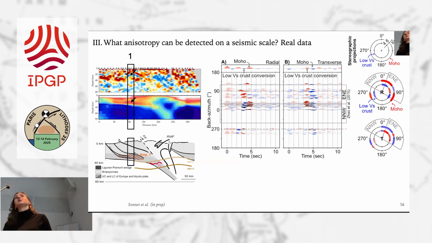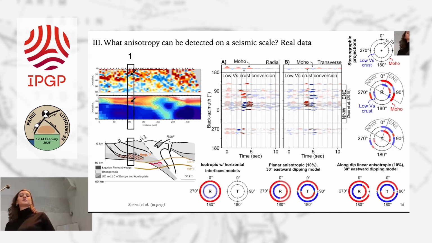So in the radial and in the transverse, and we did the same with the previous synthetic models here to make the comparison easier. And in the radial here, for both Moho and low Vs conversion, we can observe changes in the polarity of the conversion.